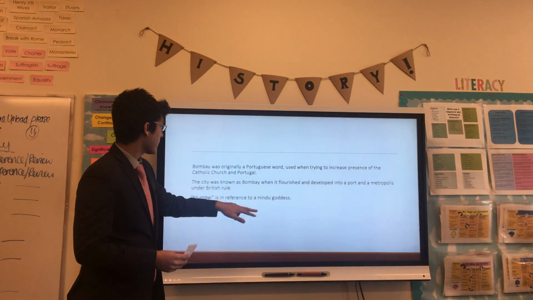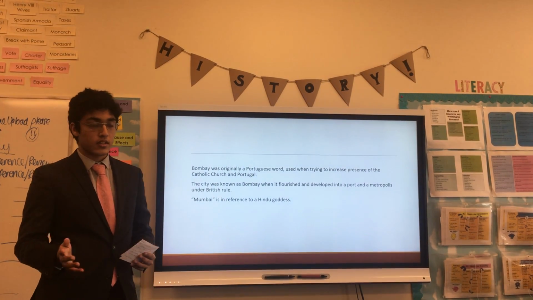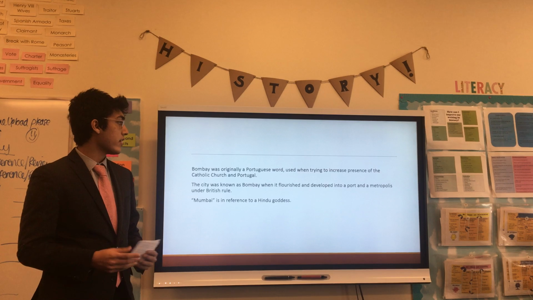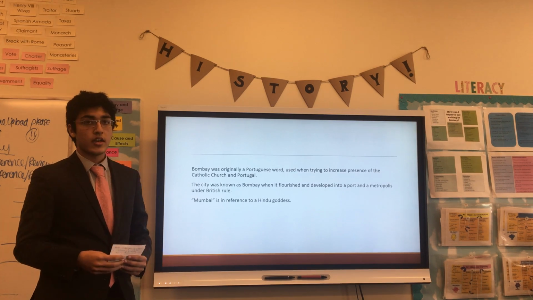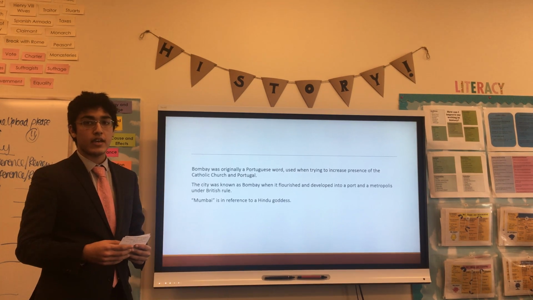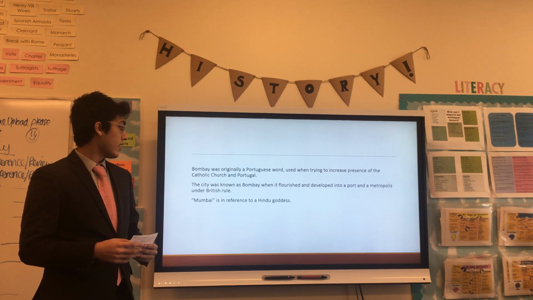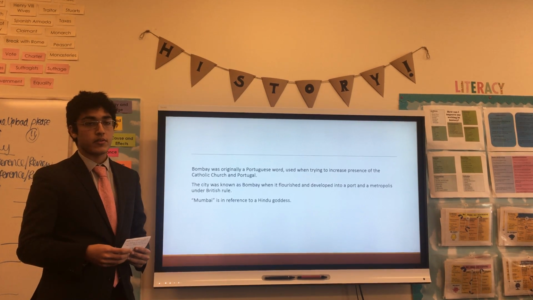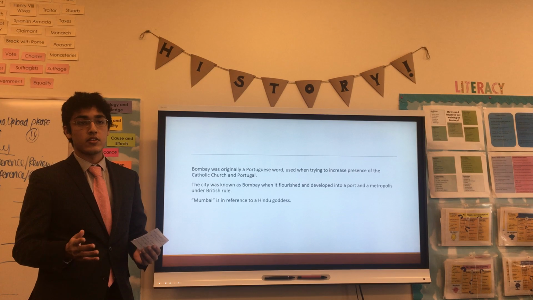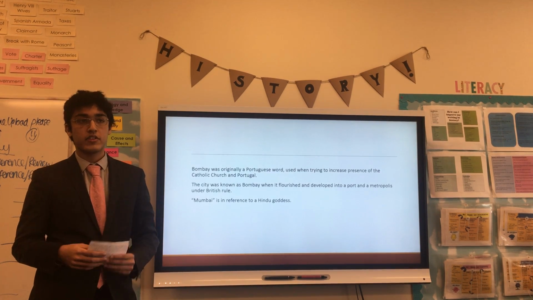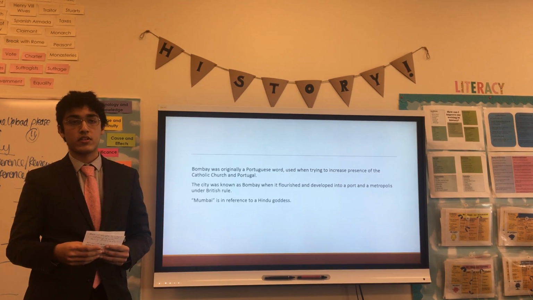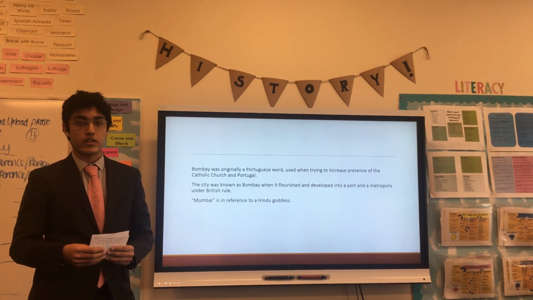The etymology of Bombay is that it was a Portuguese word, referring to Bombay's position as a bay, as a port city, and Mumbai was named in reference to a Hindu goddess, the protector of fishermen, which was what the city was before the British invasion.